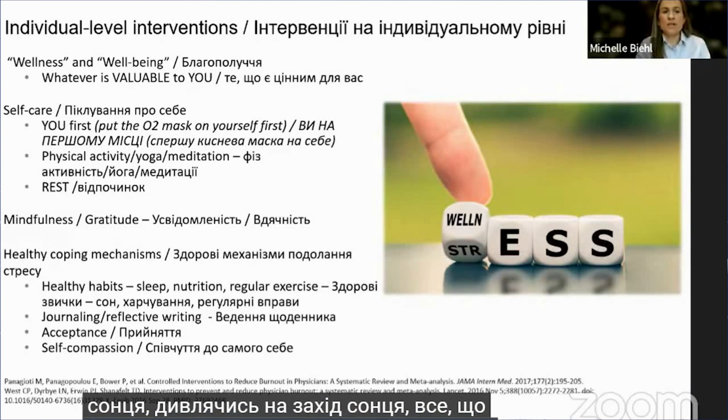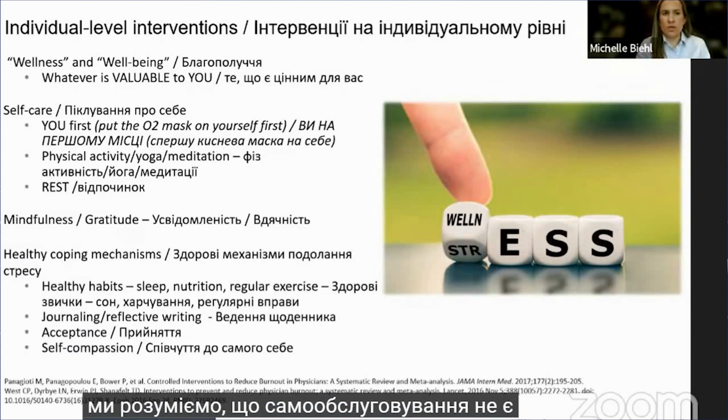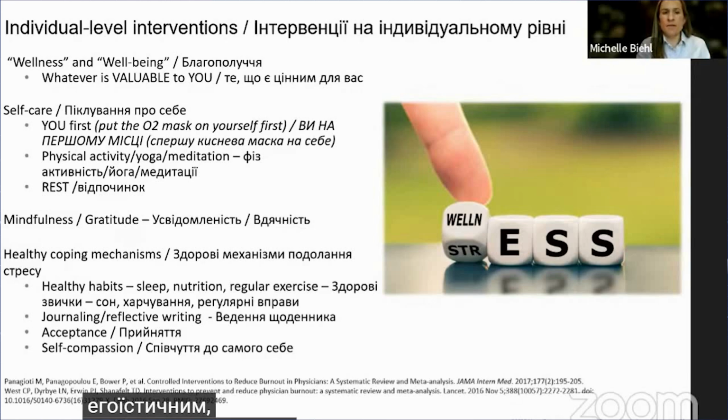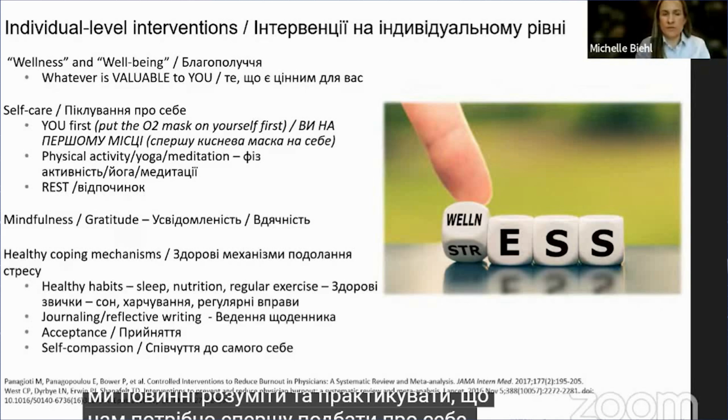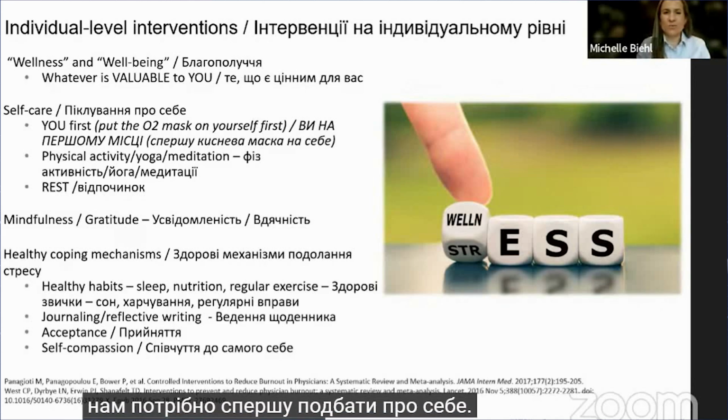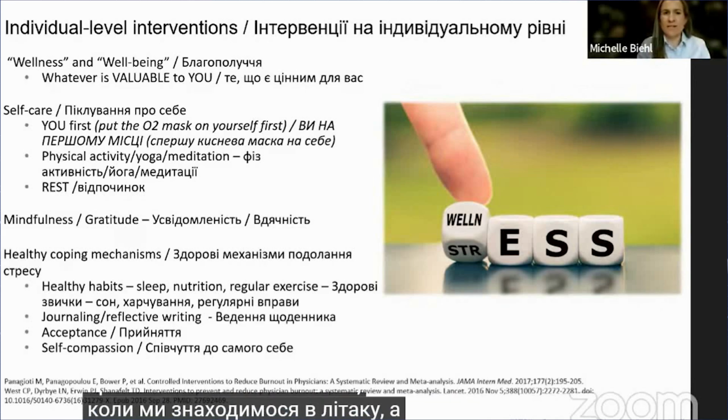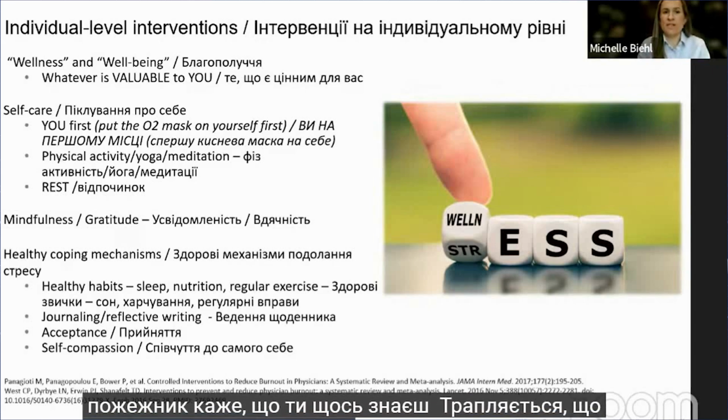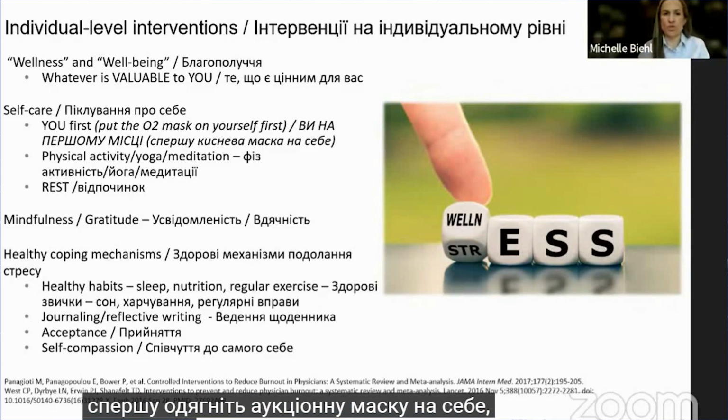But making sure that we understand that self-care is not selfish. We need to understand and practice that we need to take care of ourselves first. It's like the analogy of when we are in a plane and the flight attendant says, if something happens, put the oxygen mask on yourself first, and then you help your children or others around you.